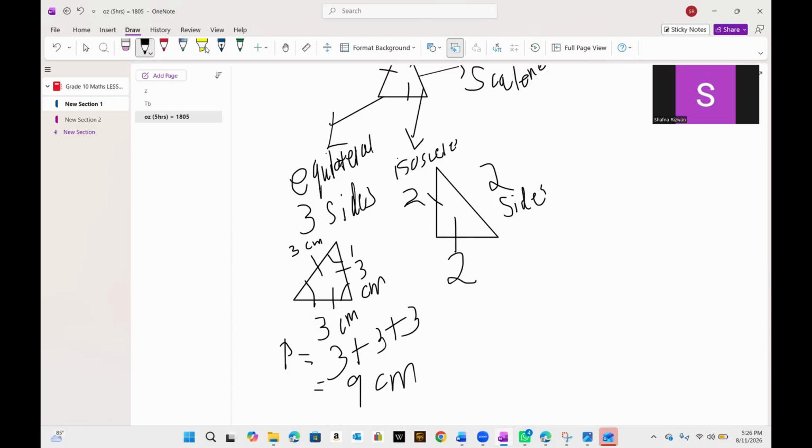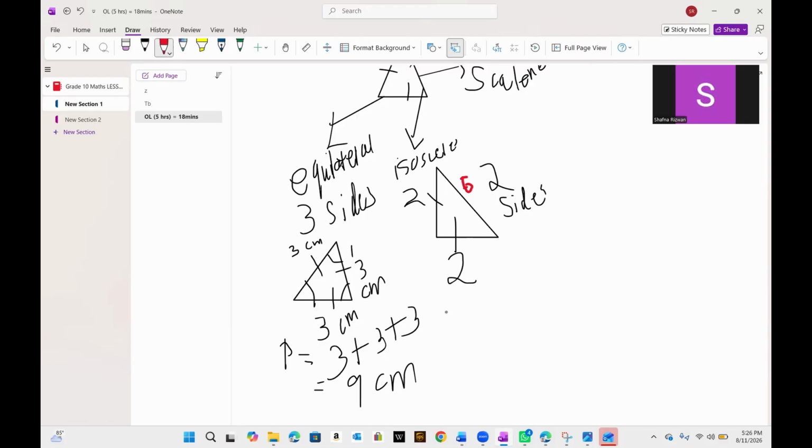But what about this side? It is going to become 6 centimeter, which is different from the other two sides.